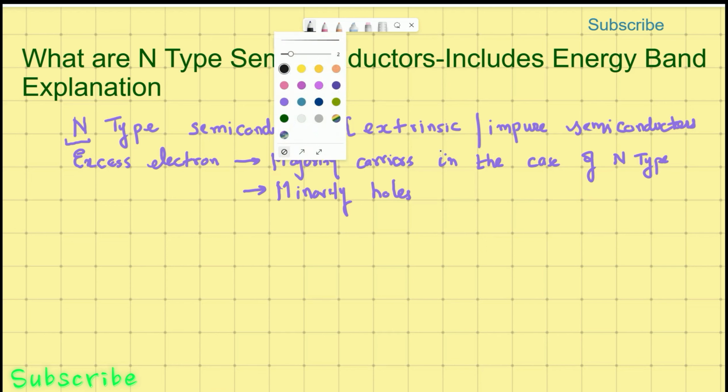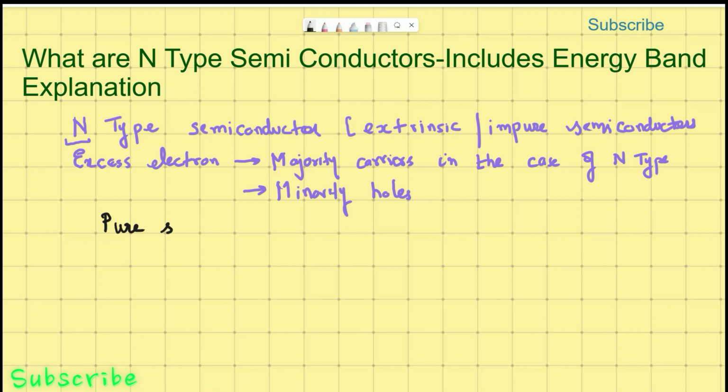So what you do is you pick up a pure semiconductor, and I will write semiconductor as SC. You dope it with some impurity. This impurity for N type is a pentavalent impurity.